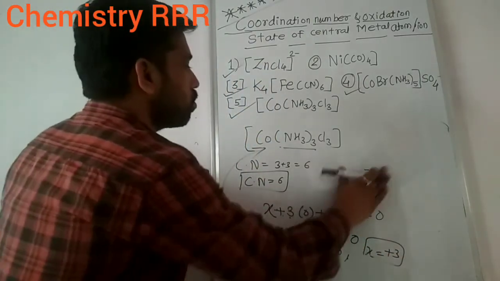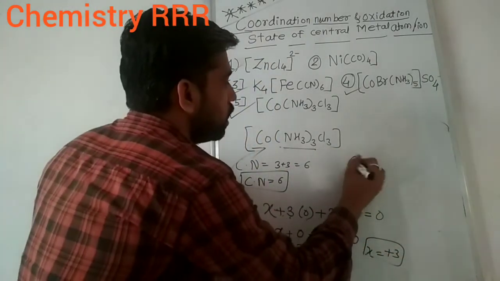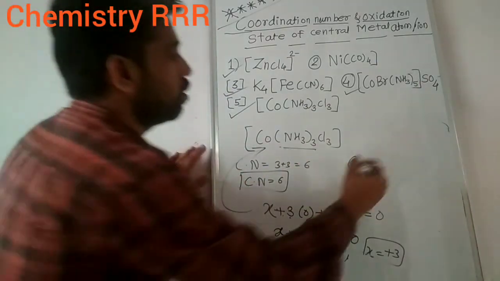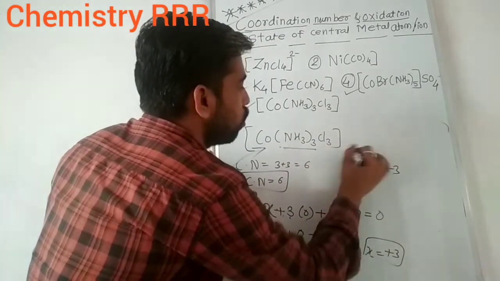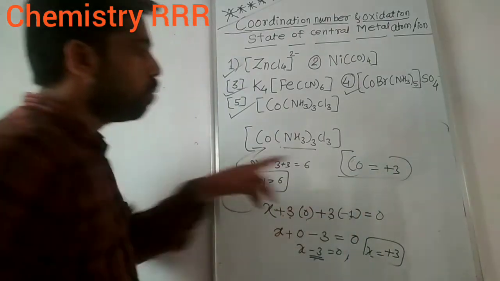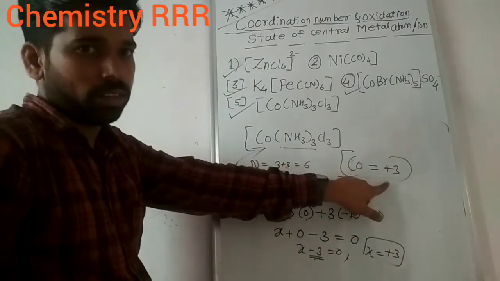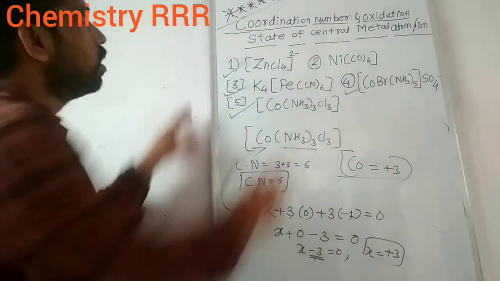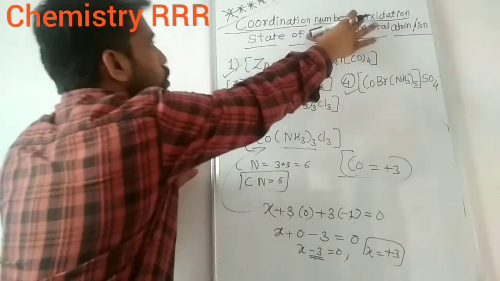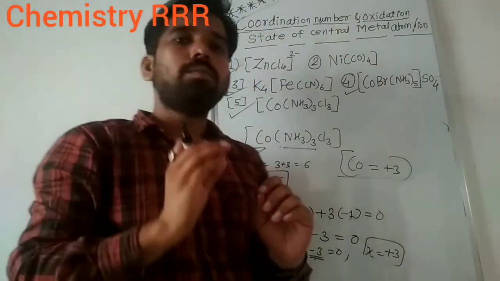Therefore the central metal atom, cobalt, has the +3 oxidation state. This is all about the coordination number and oxidation state of the central metal atom or ions.